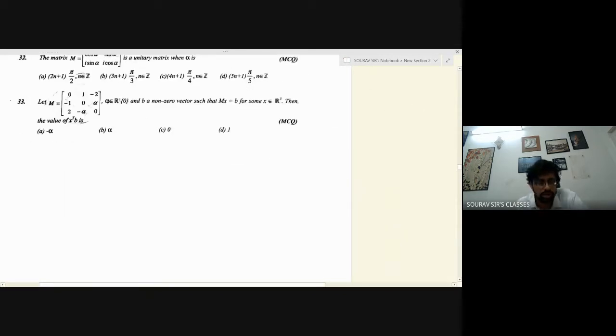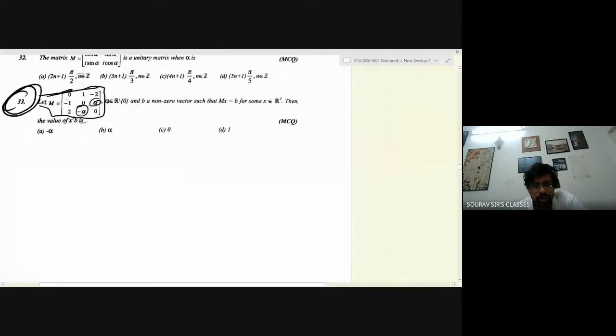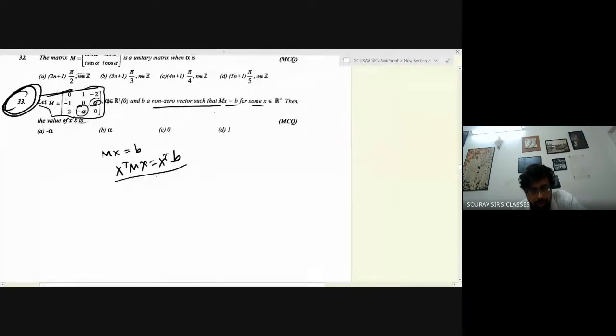So 33 is: M equal to a matrix with entries 0, 2 alpha and minus alpha, and let b be a non-zero vector such that Mx equal to b, with x in the three-dimensional real space. Then what is the value of x transpose b? So Mx equal to b, so let's multiply x transpose on both sides.